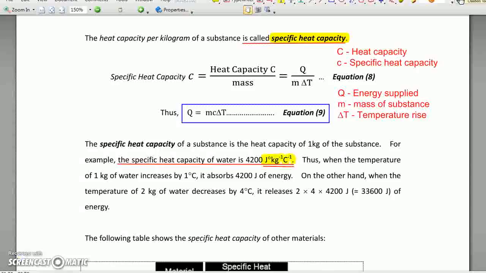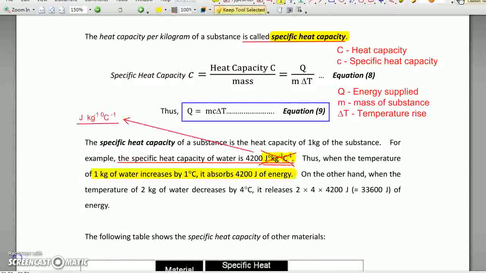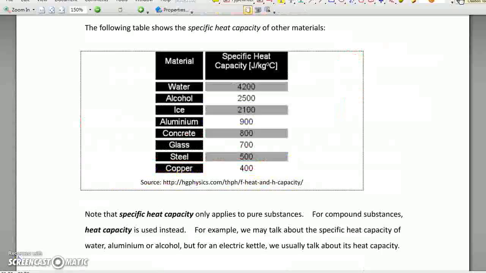And what does that mean? That means for 1 kilogram of water, it absorbs 4200 joules of energy to increase its temperature by 1 degree Celsius. The specific heat capacity of water is relatively high when compared with other substances.